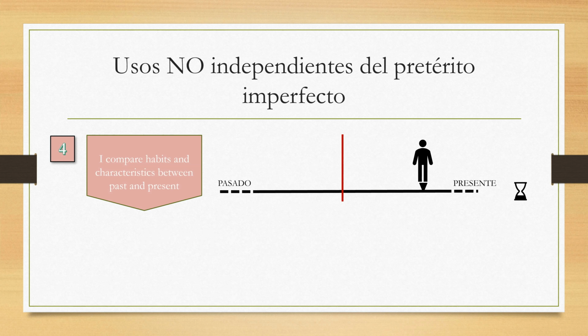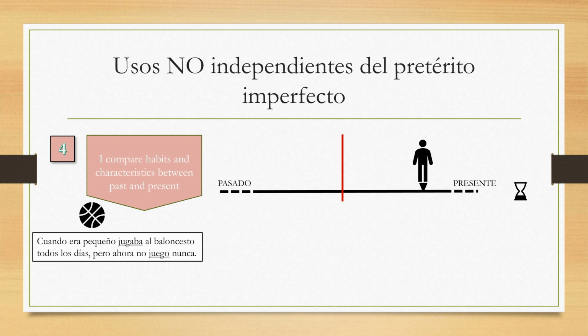So what is the first combination? Comparing habits and characteristics between past and present. You could see this in number 1, right? Cuando era pequeño, jugaba al baloncesto todos los días, pero ahora no juego nunca.